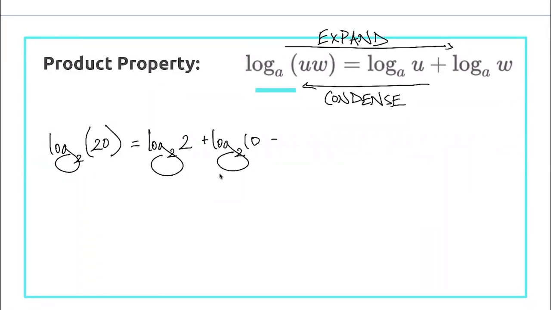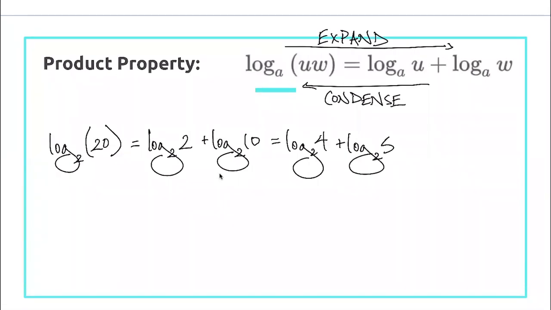Perfect. Anybody else got another way? Log base 2 of 4, plus log base 2 of 5. Beautiful. All right. You could even do 1 times 20. That would be fine too. Okay, so there's more than one way to expand it, all right, with numbers.